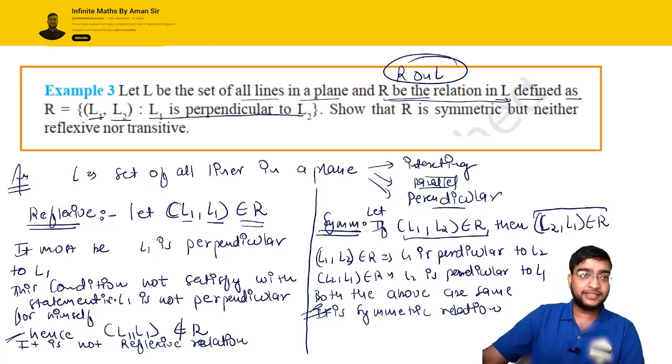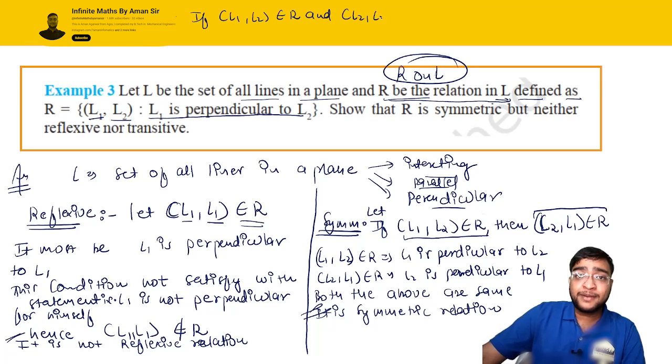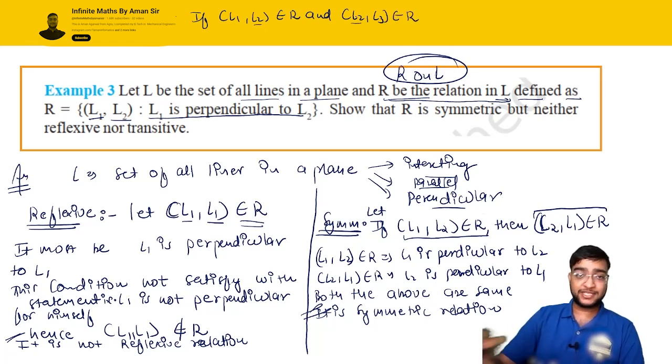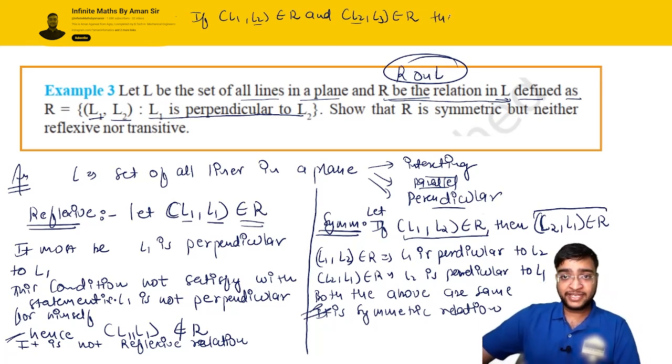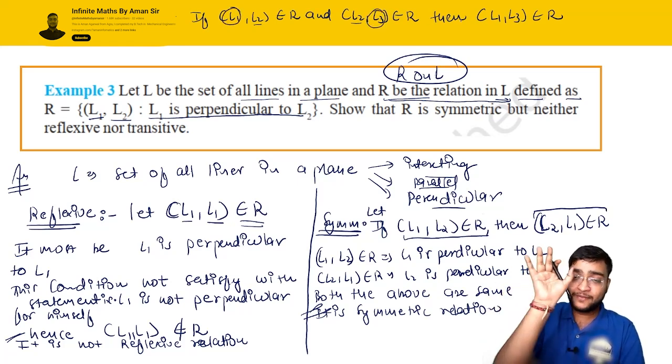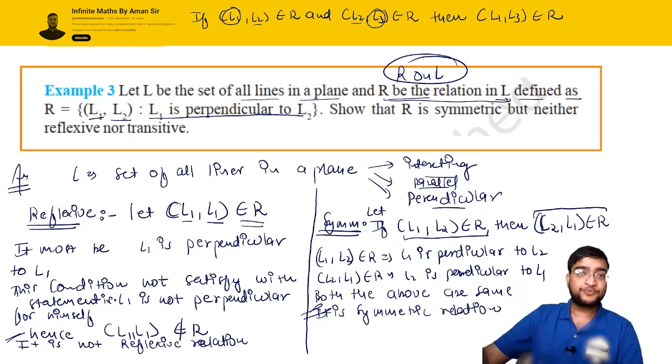If L1, L2 are in my relation, and L2, L3 are in my relation, then L1, L3 must also be in my relation. I want to find whether this condition is true or not. Okay, let's see.